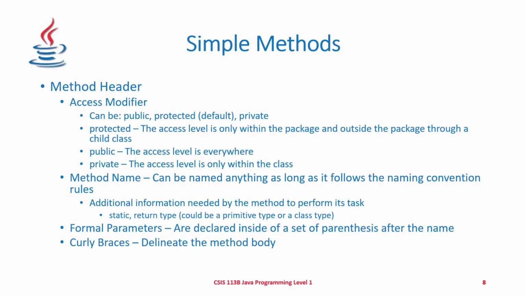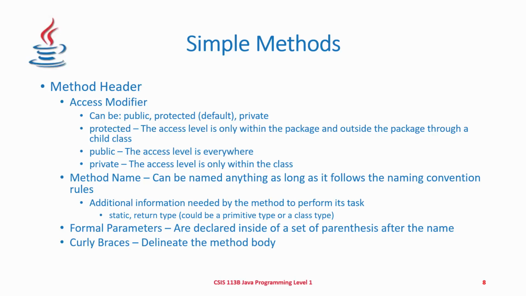The method name can be anything as long as it follows the naming convention rules. Additional information needed by the method to perform its task would be things like static and return type. Static is a keyword that you would put in the header if you want to make it a static method. If you remember a couple of slides back when we were talking about instance and static methods, all methods are instance methods by default, unless you put the keyword static in the header, which means it's a static method.